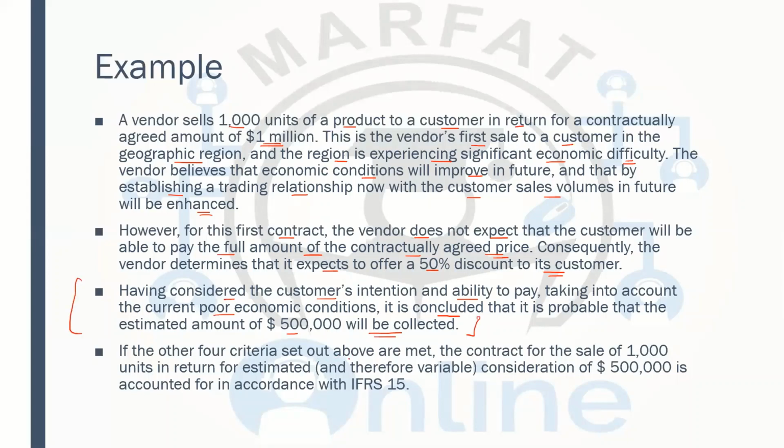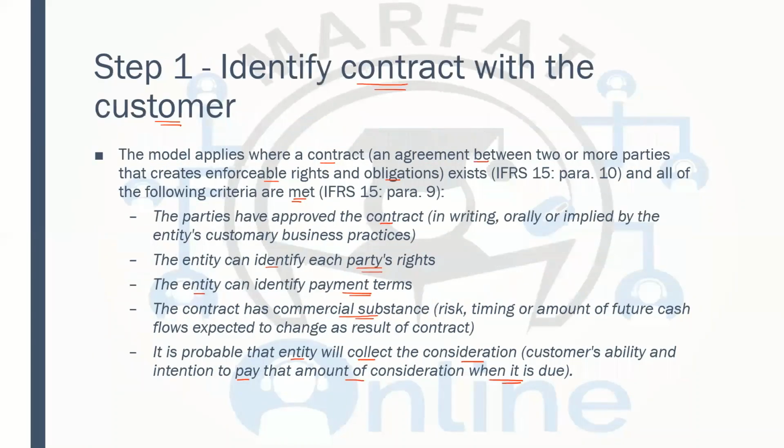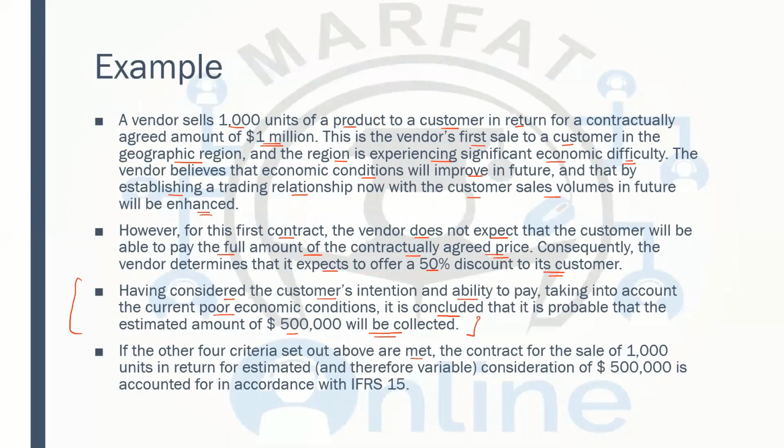So if the other four criteria are met, which were: both parties have approved the contract, each party's rights are defined, the payment terms are defined, and the commercial substance is there, then the contract for the sale of 1,000 units in return for estimated consideration of 500,000 is accounted for in accordance with IFRS 15.